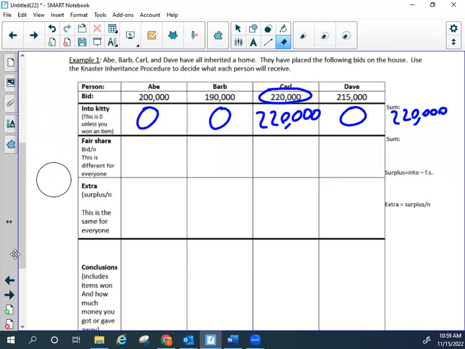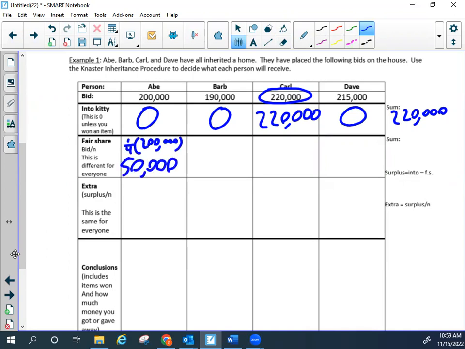So what does that look like in this case? 1/4 times 200,000 comes out to $50,000. 1/4 times $190,000 is $47,500. 1/4 times $220,000 is $55,000.